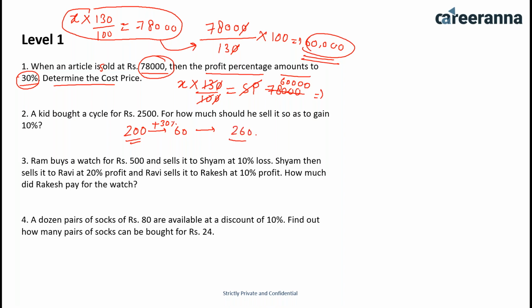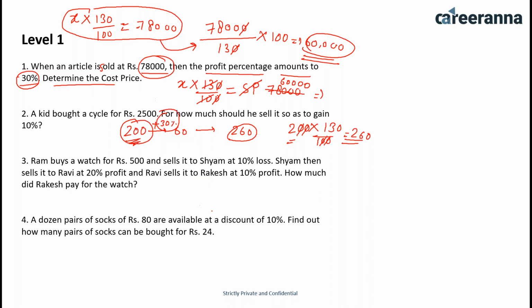So it is 260. Can I directly do it? Yes. 200 multiplied by 130 divided by 100 is 260. Varsha, is it clear? Because 200 plus 30% of it is 130% of 200. I think it is clear now.